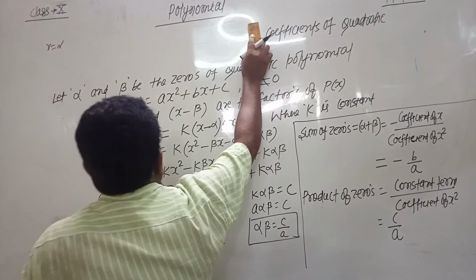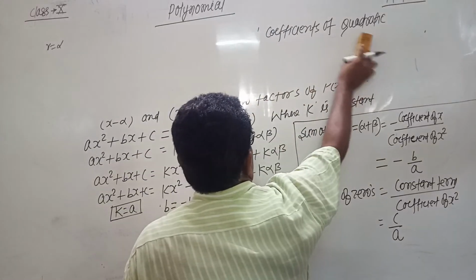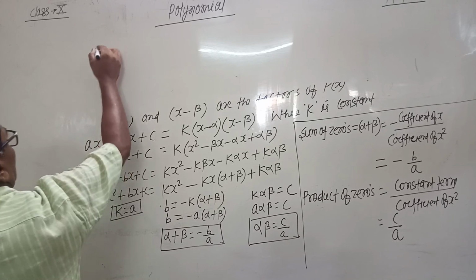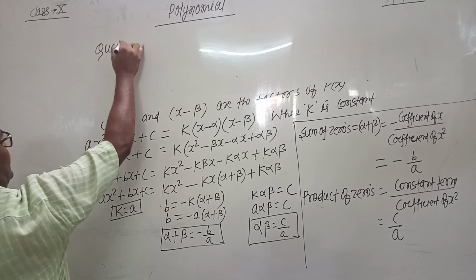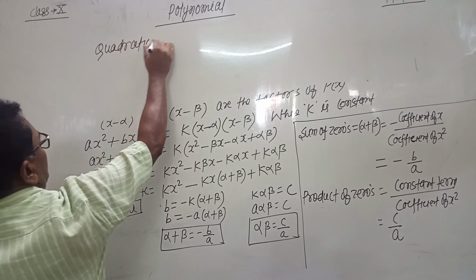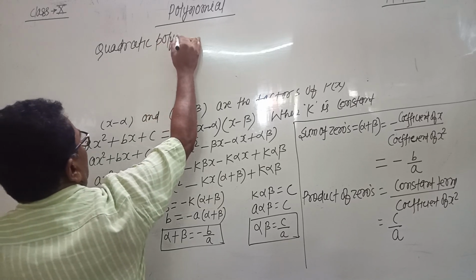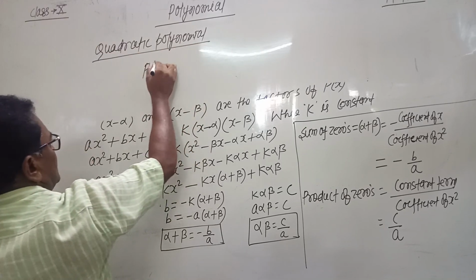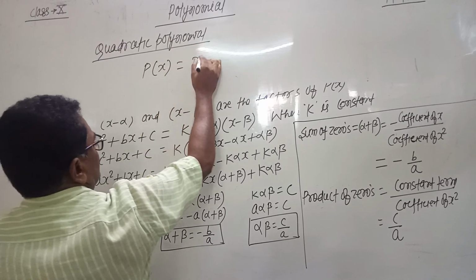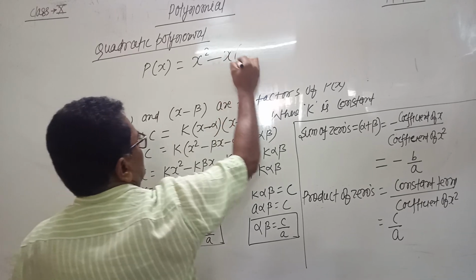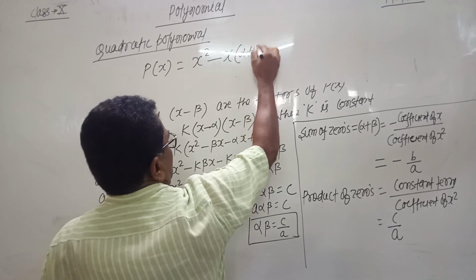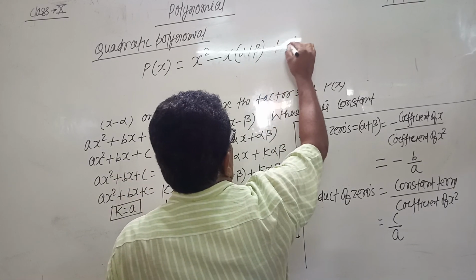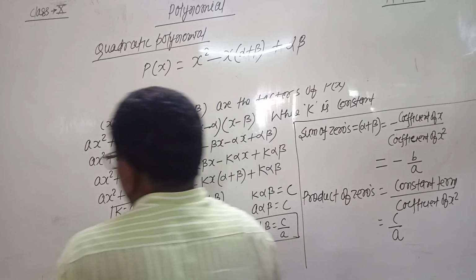The formula to form the quadratic polynomial is P(x) equals x² minus x into the sum of zeros, alpha plus beta, plus the product of zeros, alpha into beta.